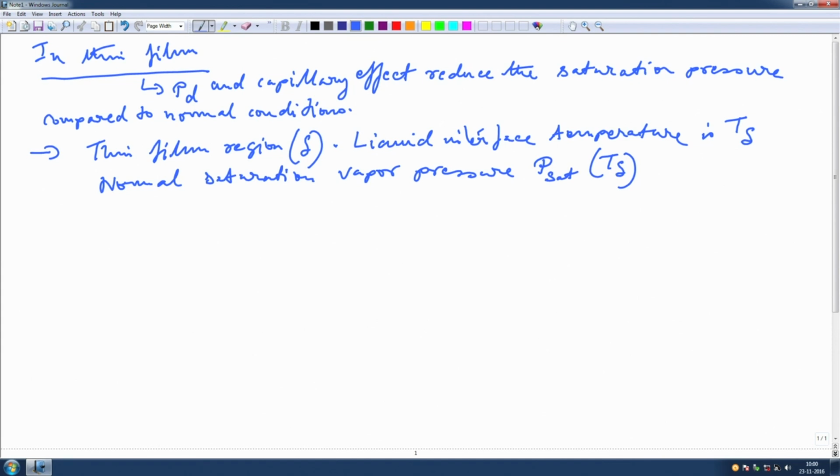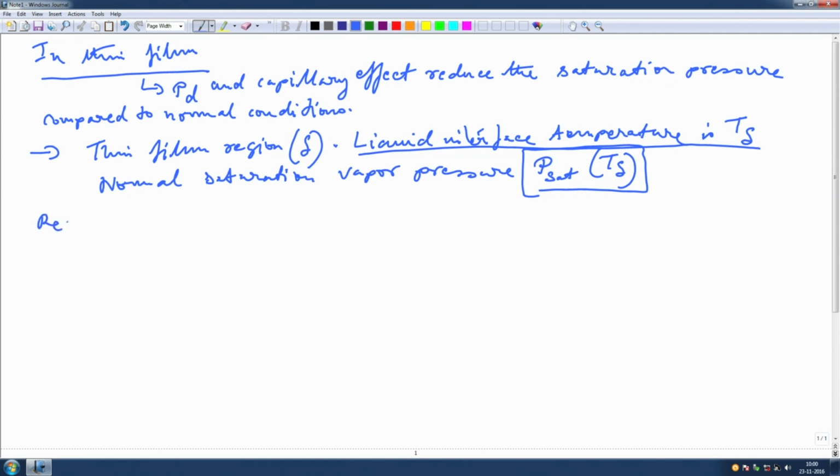You know the temperature, you can find out the corresponding saturation pressure. So we are stating that the liquid interface temperature is T delta and the corresponding saturation pressure is P sat (T delta). And we are going to examine whether the actual saturation pressure is different from this or not.